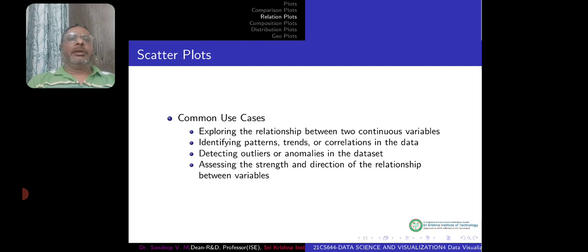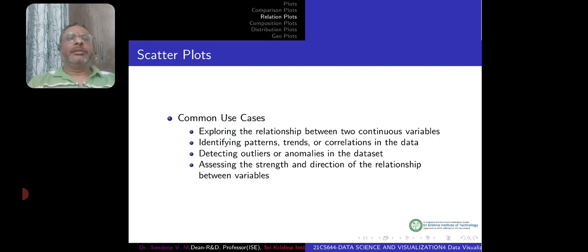It can be used for assessing the strength and direction of the relationship between the variables. Yes, how strongly the two variables are related and in what direction they are related. They can be related in a positive direction or a negative direction.